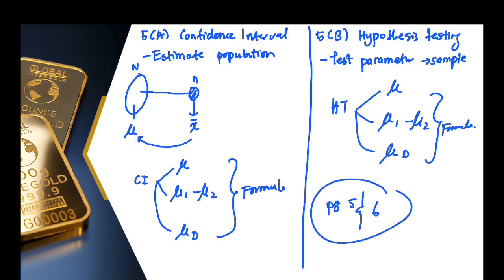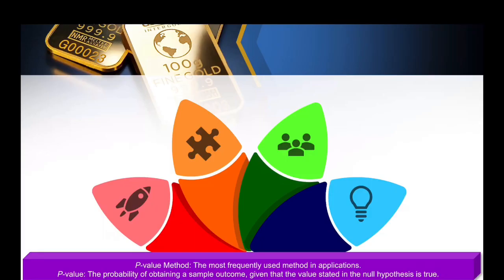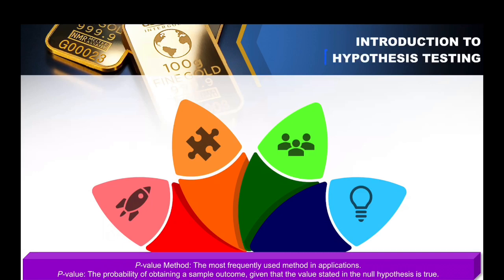Okay, continue. What is hypothesis? Hypothesis is actually a statement, kenyataan, or your initial assumption, your ramalan awal, right? But you don't know the hypothesis is correct or not. That's why you need testing. You need to test your hypothesis.